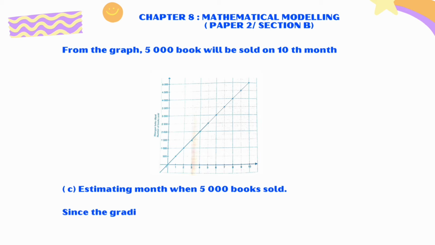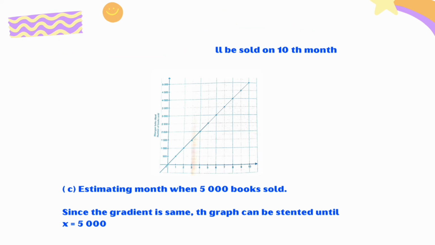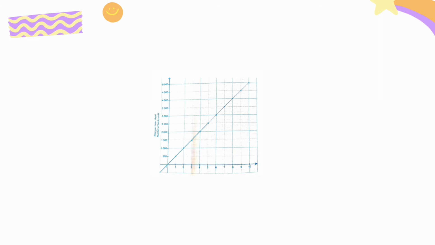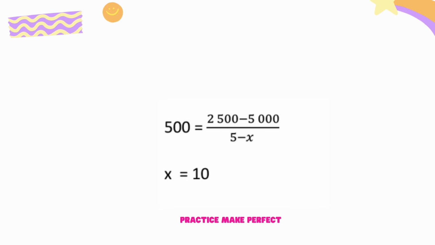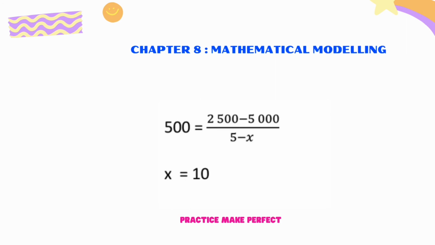So we managed to find out that we will sell all 5,000 books in the 10th month, because from the graph we can solve for x, where y is 5,000 and the month is 10th. We use the formula to solve for x, and the answer for x is the 10th month.